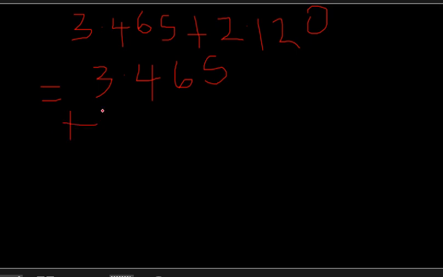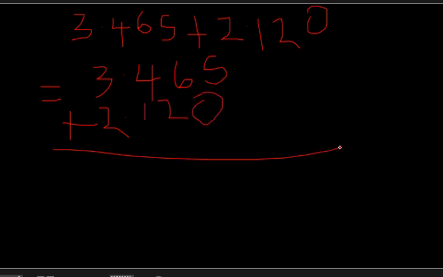So 5 plus 0, you've got 5. 6 plus 2, you've got 8. 4 plus 1, you've got 5. Then you have a decimal point here. 3 plus 2, you've got 5 again. So this is our answer.